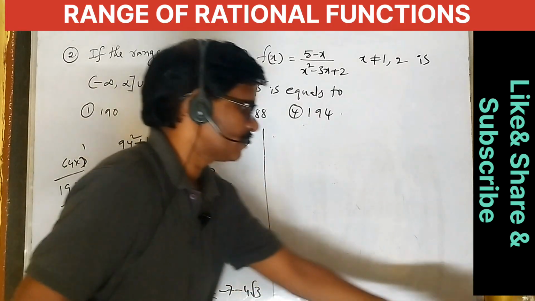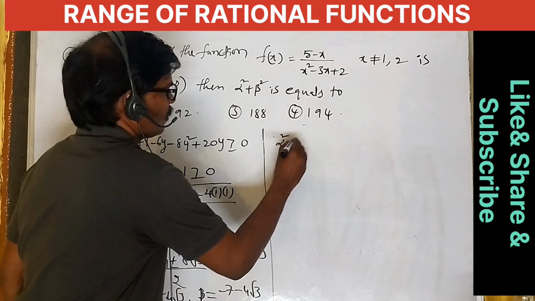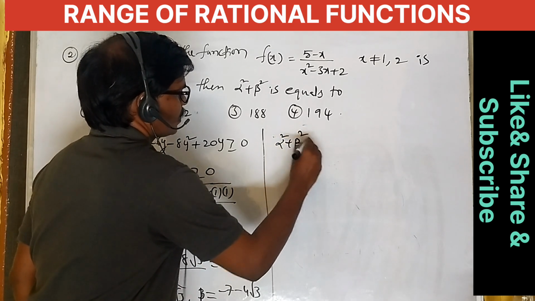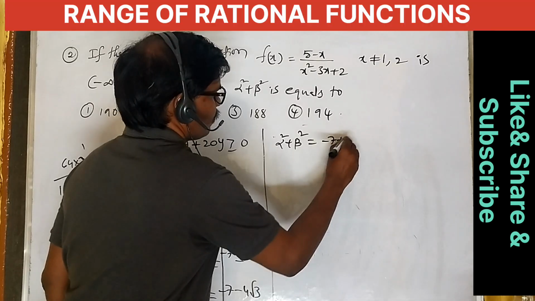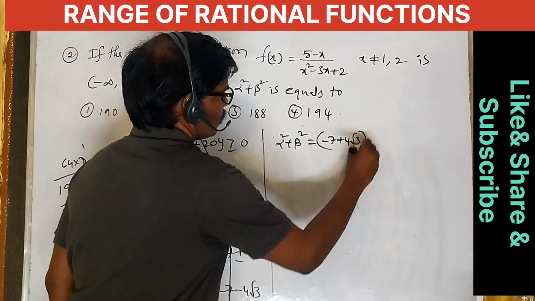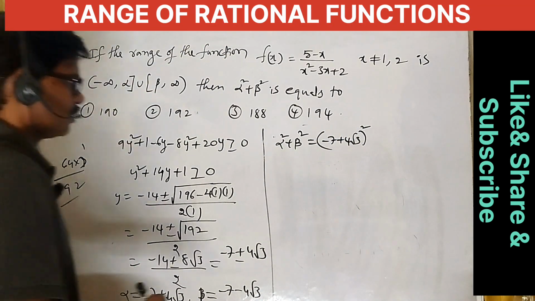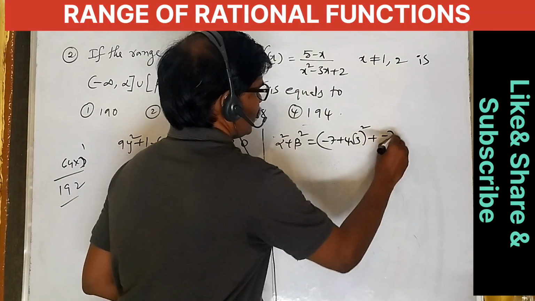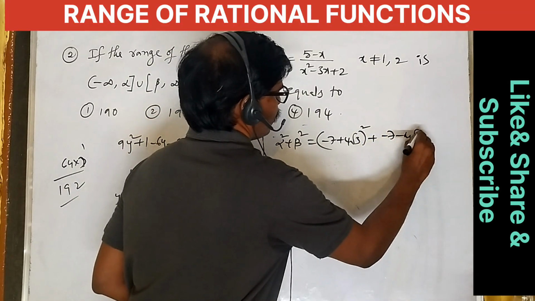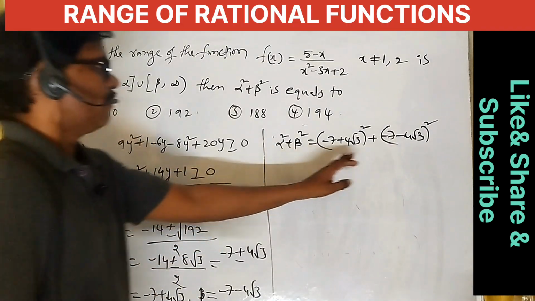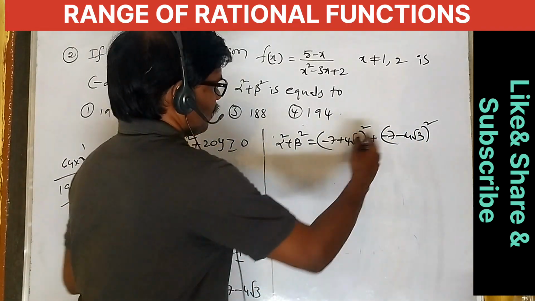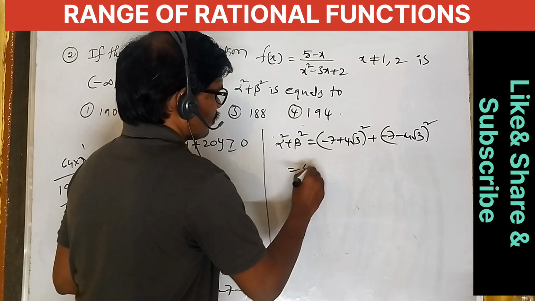Alpha square plus beta square equals (−7 + 4√3)² + (−7 − 4√3)². This uses the (a + b)² and (a − b)² formulas. 7² = 49.